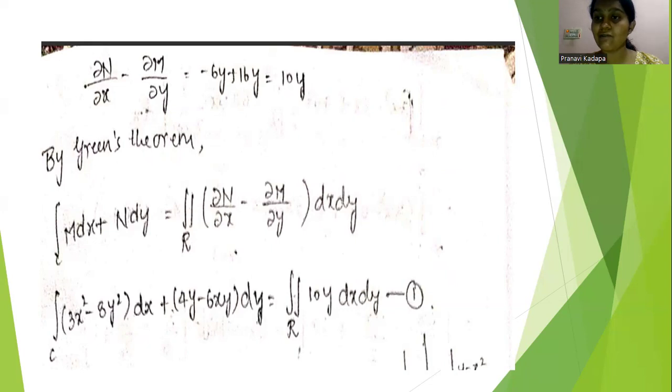To verify Green's theorem, we have to show LHS equals RHS. Let us see the LHS first. The integral over C of (3x² minus 8y²) dx plus (4y minus 6xy) dy equals the double integral over R of 10y dx dy.